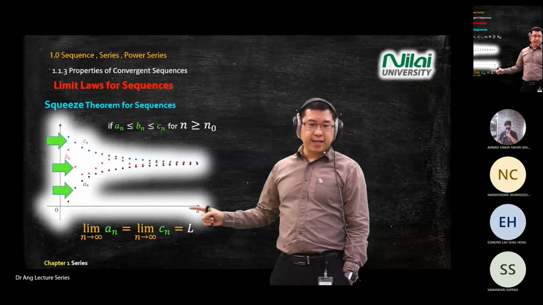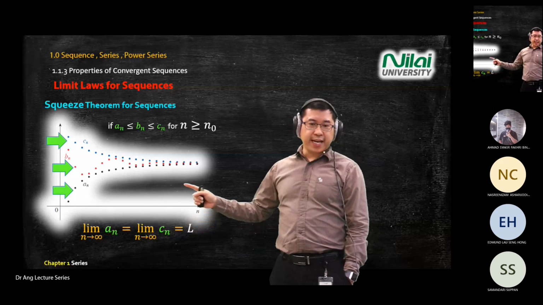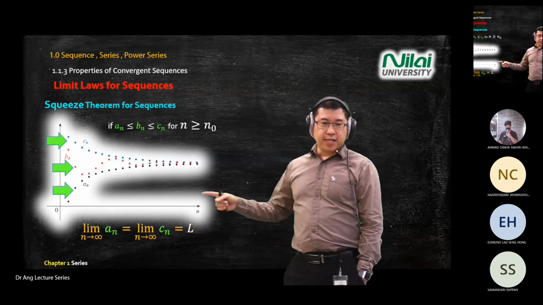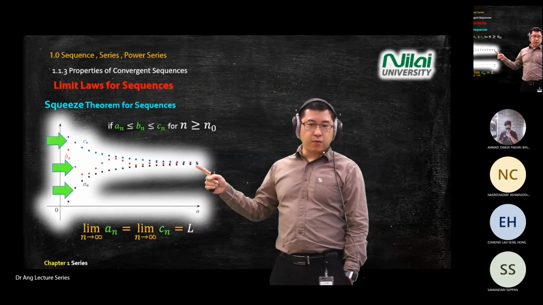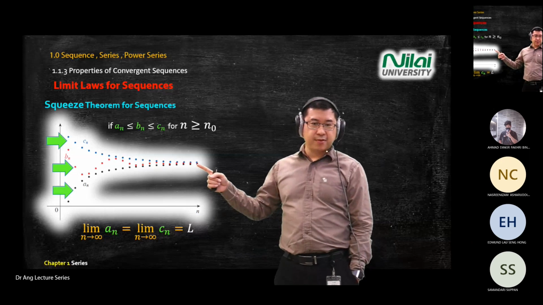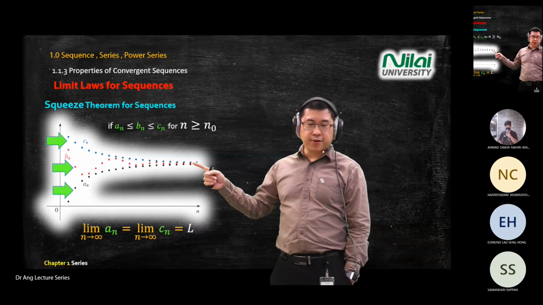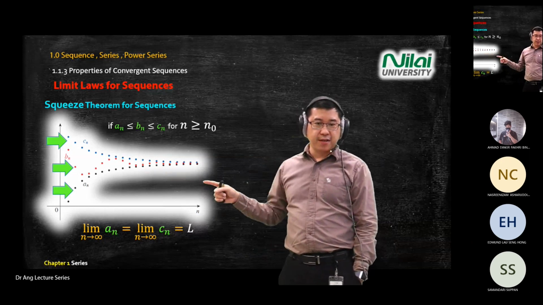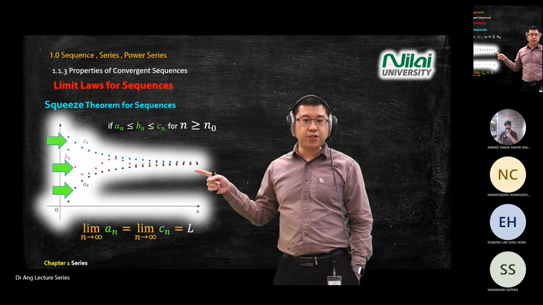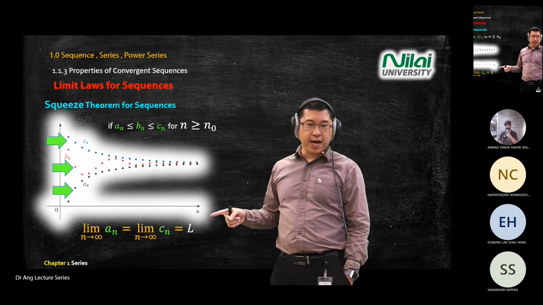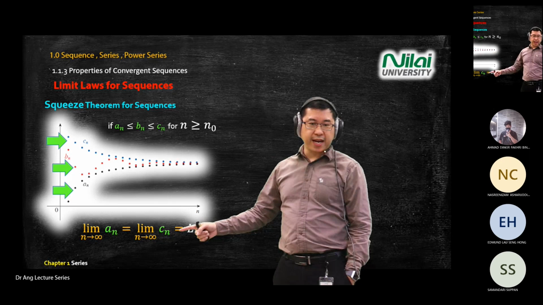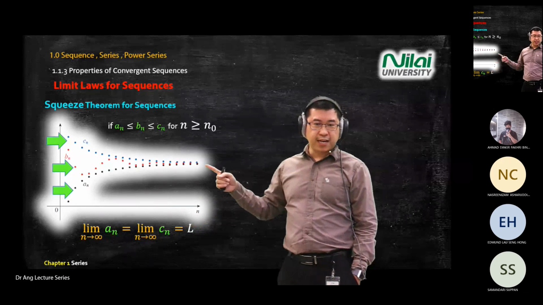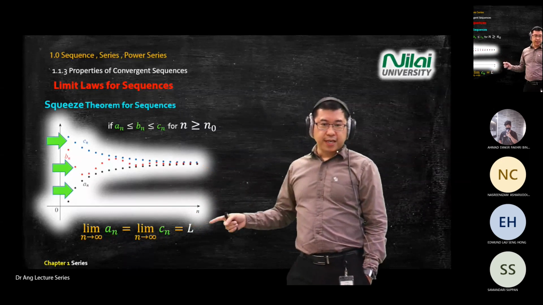We can say that if we take the limit for set A, set A will arrive at one value L. Of course, I'm not drawing the blue straight line in this graph, but if you understand what convergent is, then you understand why set A will arrive at L. So this value is L.